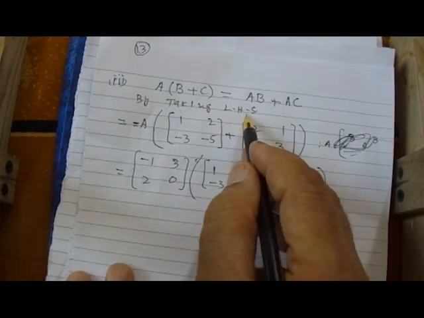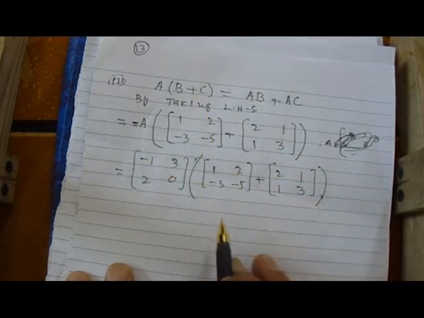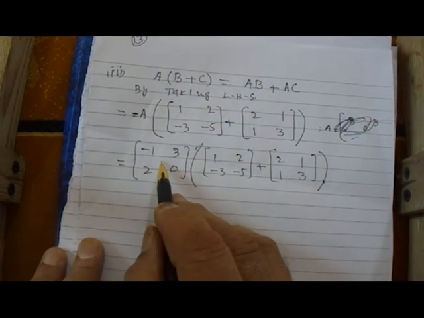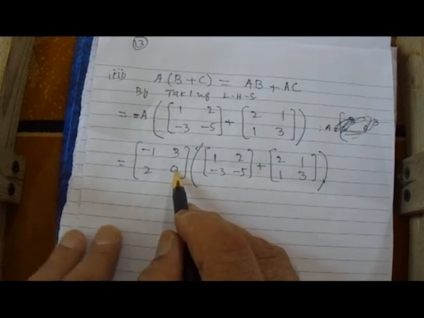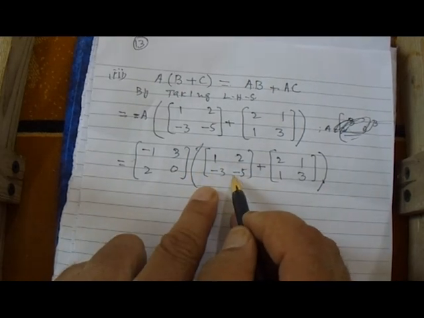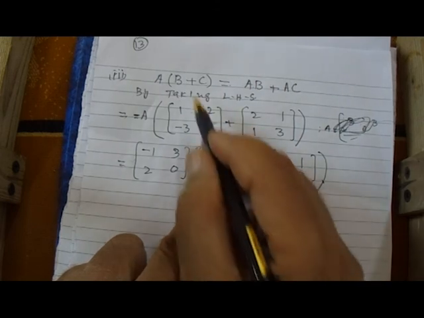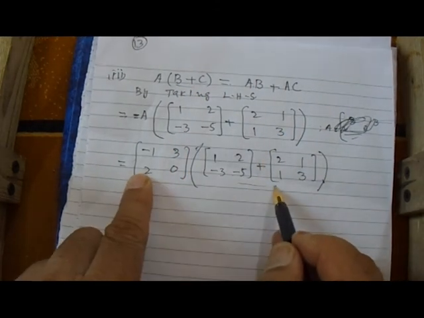By taking the left hand side, we take this side and we write A, and this is our A matrix. We write this B, and we write this C. First we add these two and then we multiply by this.